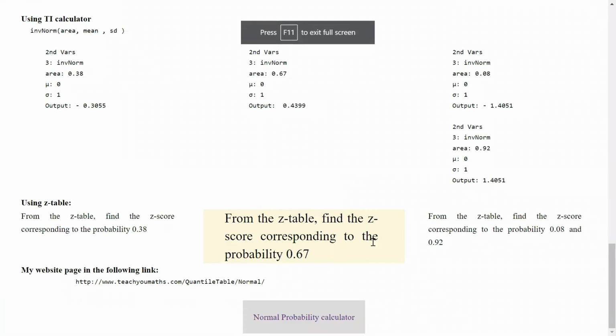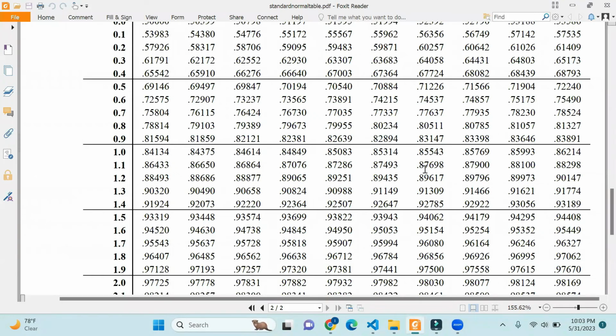And the last step, let's use the Z table to find the quantiles. This is the Z table. In this table, we try to match the given probability with a number inside the body of the table. Then we read the Z-score corresponding to the match or the nearest match. This Z-score is the quantile value corresponding to the given probability.